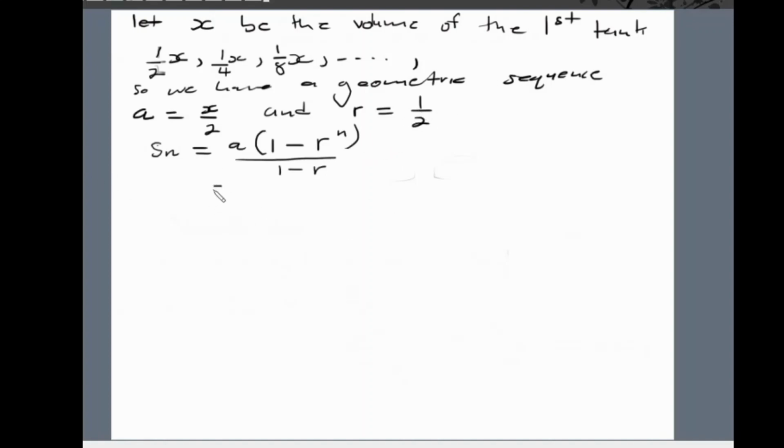So we know our first term is x over 2, right? And our common ratio is 1 over 2, alright? And then we are summing 19 terms, right? We are summing 19 terms. Okay?